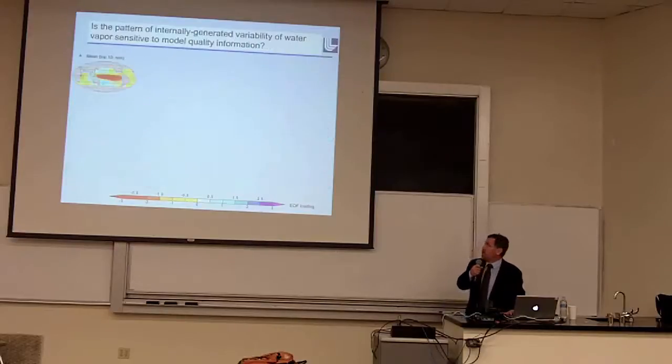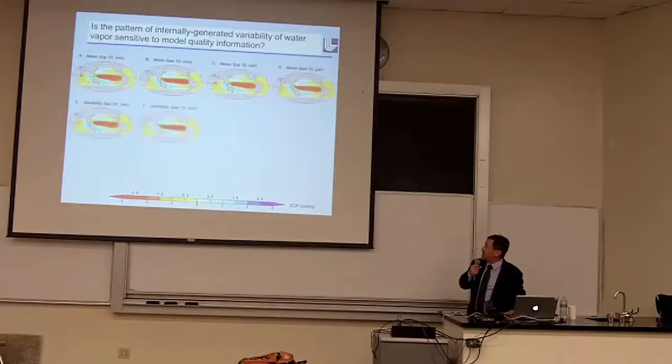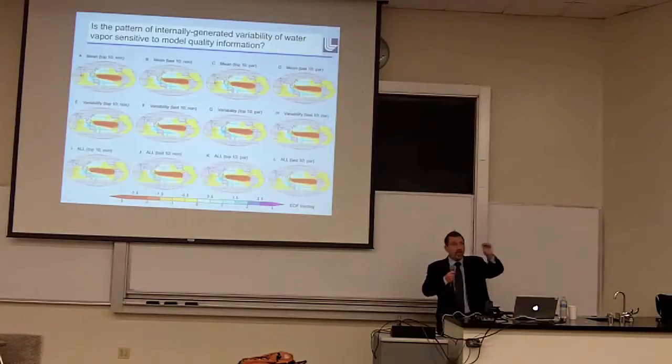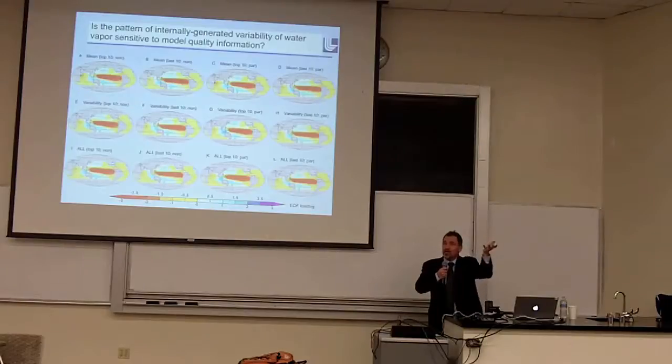Now, when you look at the patterns of natural variability in the top 10 and bottom 10 models, again, selected a whole bunch of different ways, you can see this curious horseshoe-like tongue. So when you have an El Nino and you get this heating in the eastern equatorial Pacific, you get water vapor increases, but outside that region, you get changes of the opposite sign.